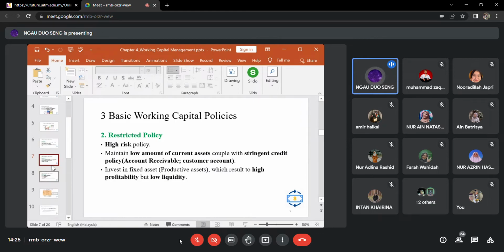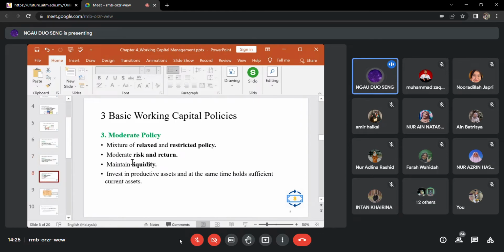And then we have the moderate policy. It is a mixture of relaxed and restricted policy, so moderate risk and return. We maintain liquidity, invest in productive asset, and at the same time also hold sufficient current asset.